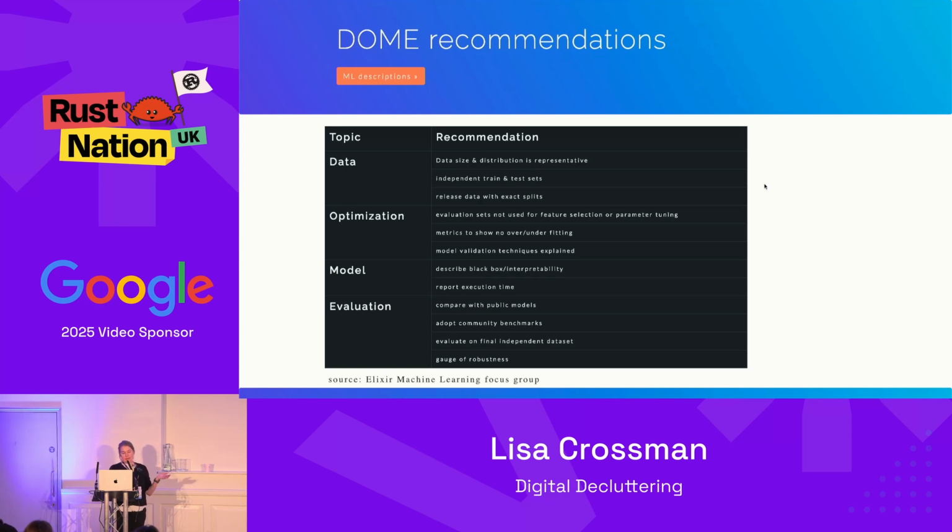Evaluation, we're looking at comparing it with public models, if there are other ones available, and trying to adopt community benchmarks so you can evaluate the whole thing on a final independent data set and try to gauge the robustness. And so Elixir is a group of research institutes across Europe, and they have sets of focus groups. So this is one of the focus groups.